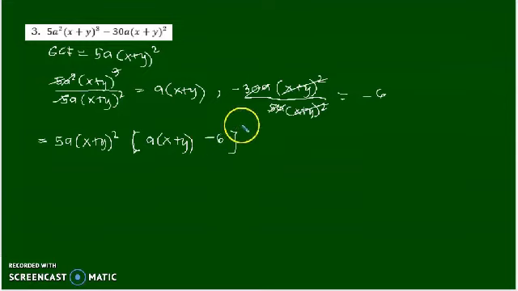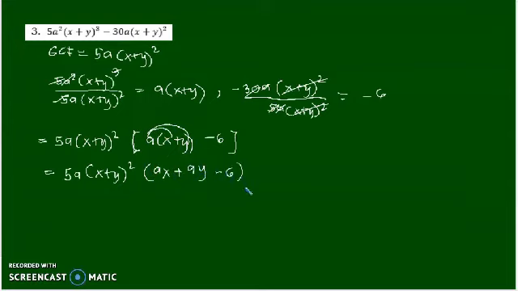Again, remove the brackets by simplifying the expression inside of this bracket. So that is 5a times the square of x plus y, and then use the distributive property. So a times x is ax, a times y is ay, and then minus 6.